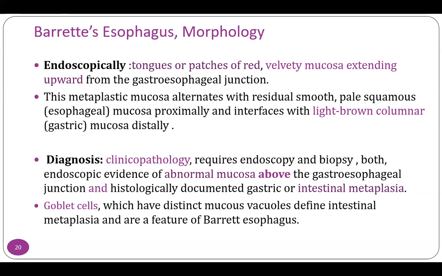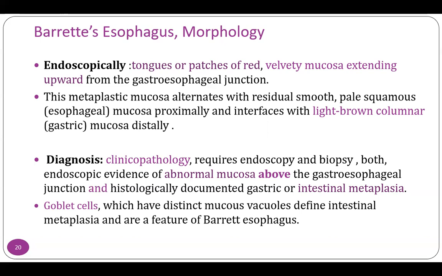So metaplastic epithelium and columnar mucosa can be seen sometimes at the junction level between the esophagus and the stomach. So the presence of columnar epithelium with goblet cells is not a diagnosis at all of Barrett's esophagus. The diagnosis needs the clinician to tell the pathologist, I have seen tongues of dark red brown areas at the lower part of the squamous epithelium.